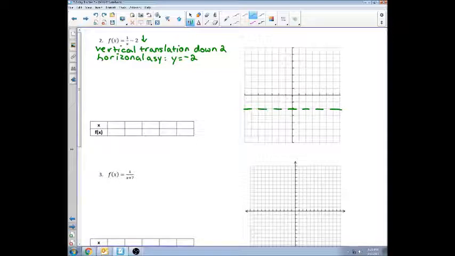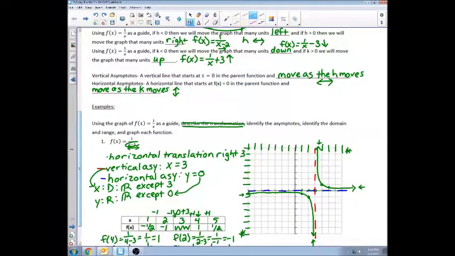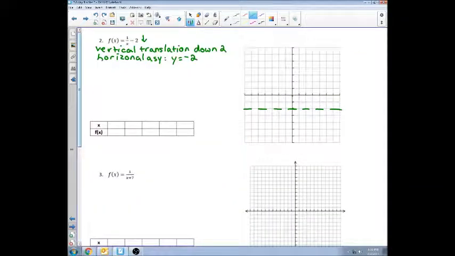My vertical asymptote, if you look back at the previous problem, worked with my horizontal translation. So my horizontal translation told me to go right 3, so my x went from 0 to +3. Okay? So my vertical asymptote, which works with my x's, has not moved from x equals 0.